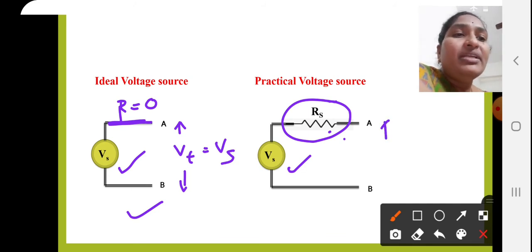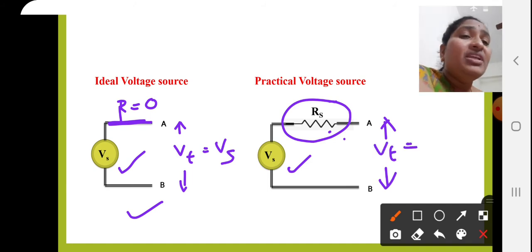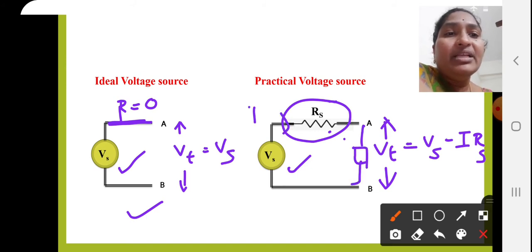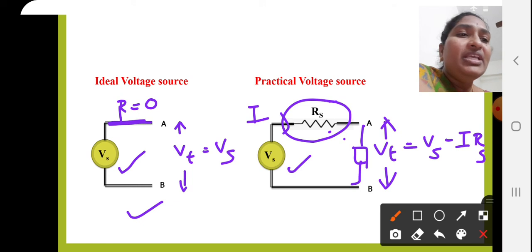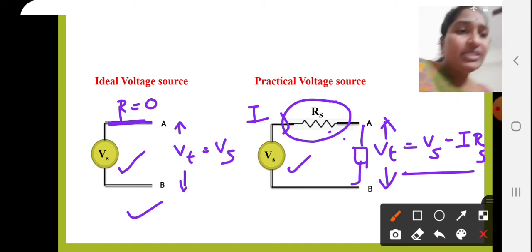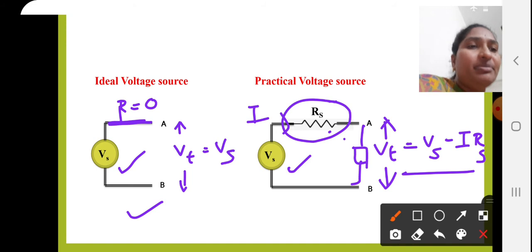But in a practical voltage source, if there is any load connected across it and I is the current, then the terminal voltage Vt or VAB is equal to Vs minus I into Rs. This is the expression for voltage at the terminals.